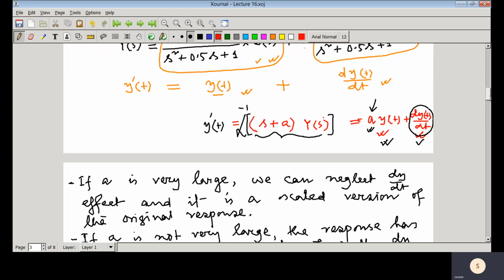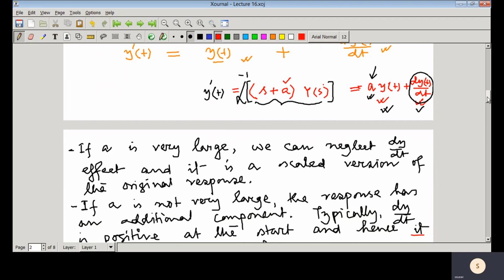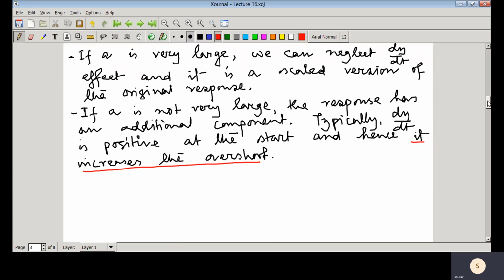And interestingly, if you place that A on the right half of the S plane, that means A is negative, then you have that minus A dy by dt term, which has a significant effect, and the response initially goes in the reverse direction. That means you would have a negative kick.